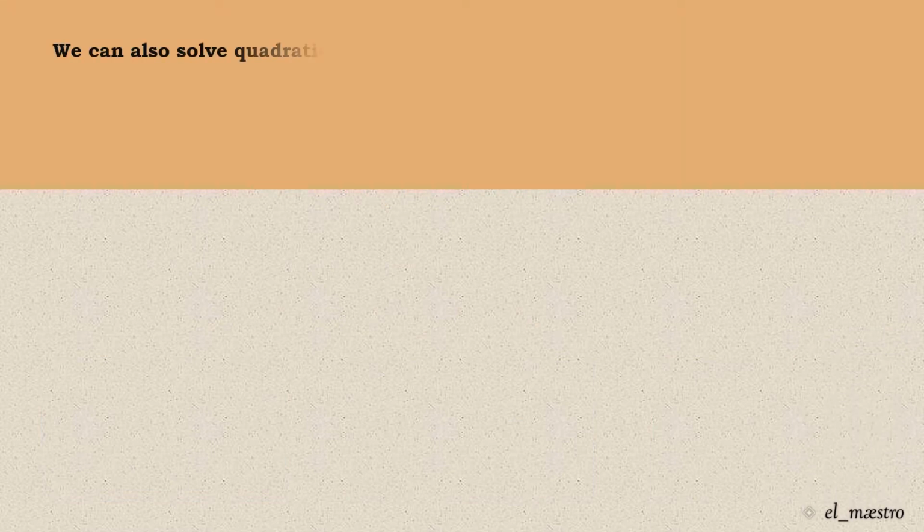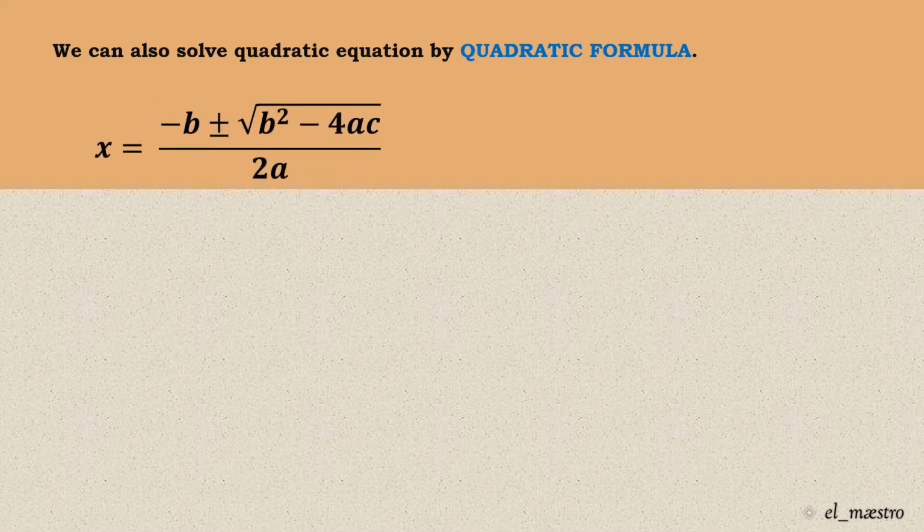Because we can also solve a quadratic equation by the quadratic formula. Yes, we can solve a quadratic equation using the quadratic formula. So what is the quadratic formula? This is the quadratic formula: x is equal to negative b plus or minus the square root of b squared minus 4ac, all over 2a.